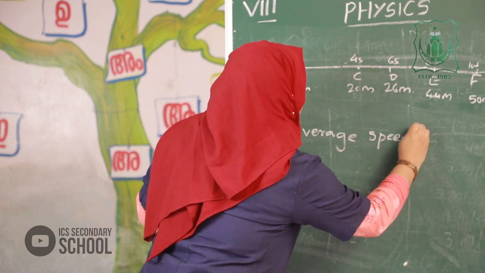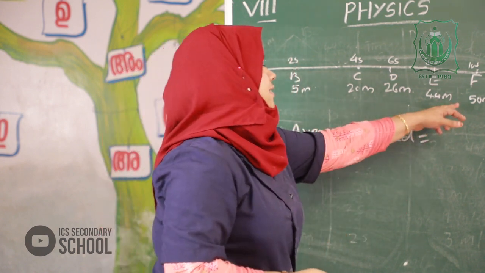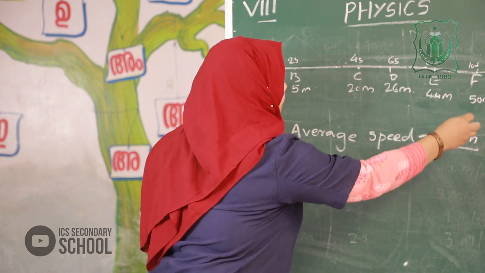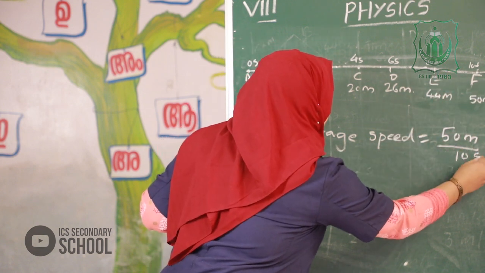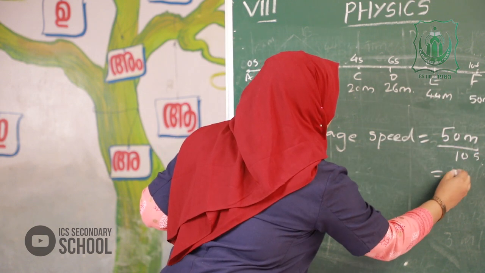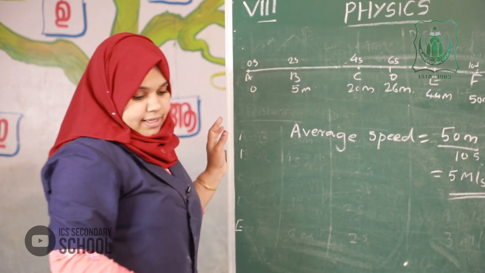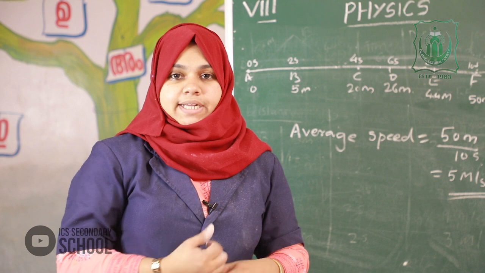Here, what is the total distance? 50 meter. Then what is the total time? 10 seconds. So we get 5 meter per second. That is the average speed here.